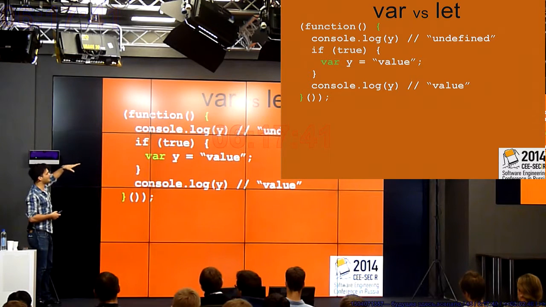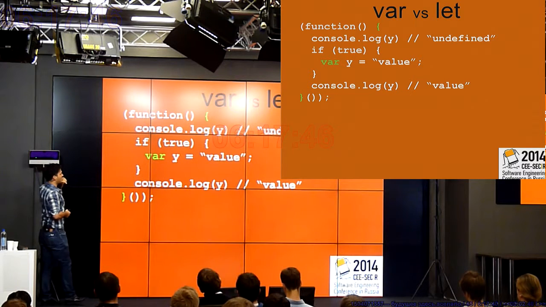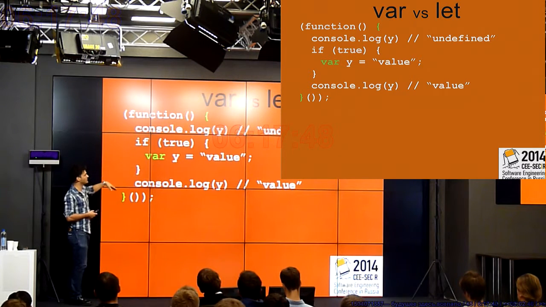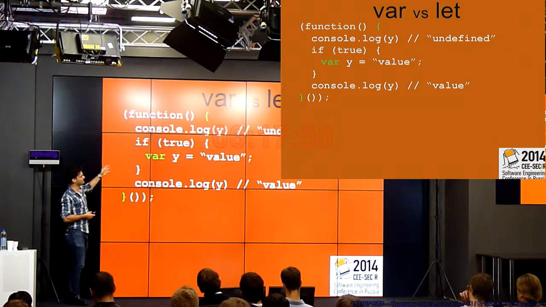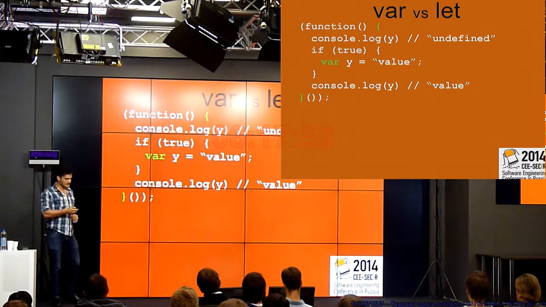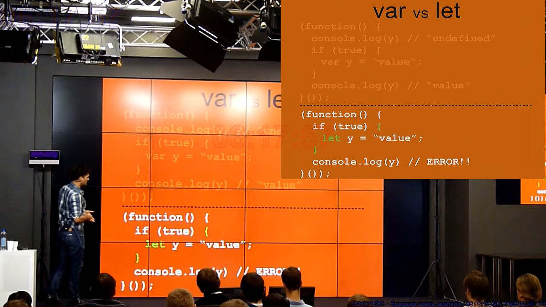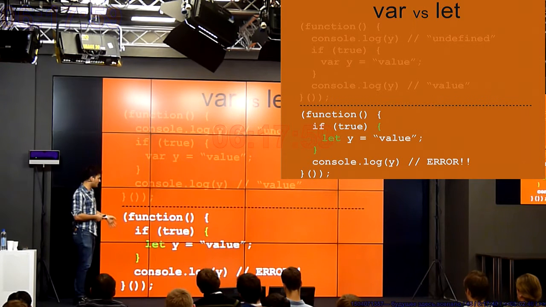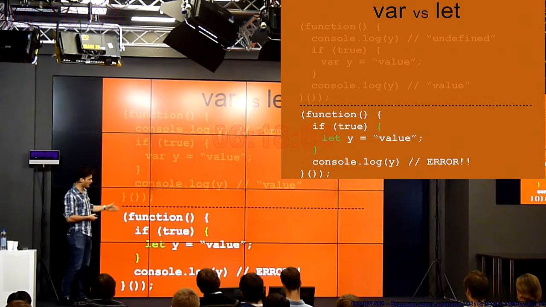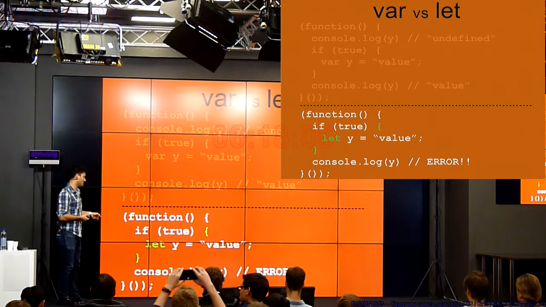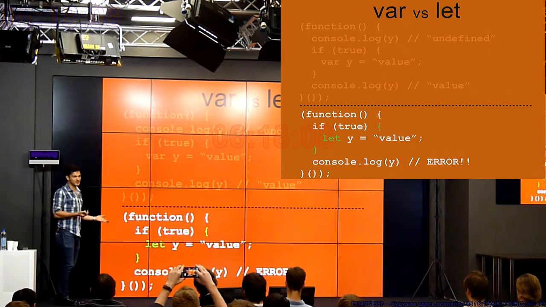So if you try to print out y, you will get undefined. And if you try to print y after the block, you will get the value because there is no block scoping. Whereas now, if you use let and const, the value of y is enclosed inside the block. So that means if you try to print out y after the block, you'll get an error because it doesn't exist.